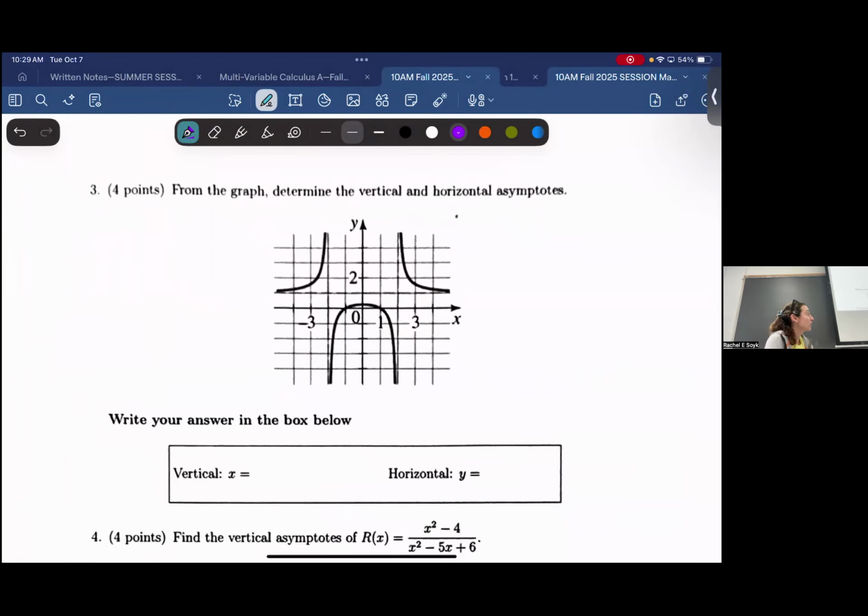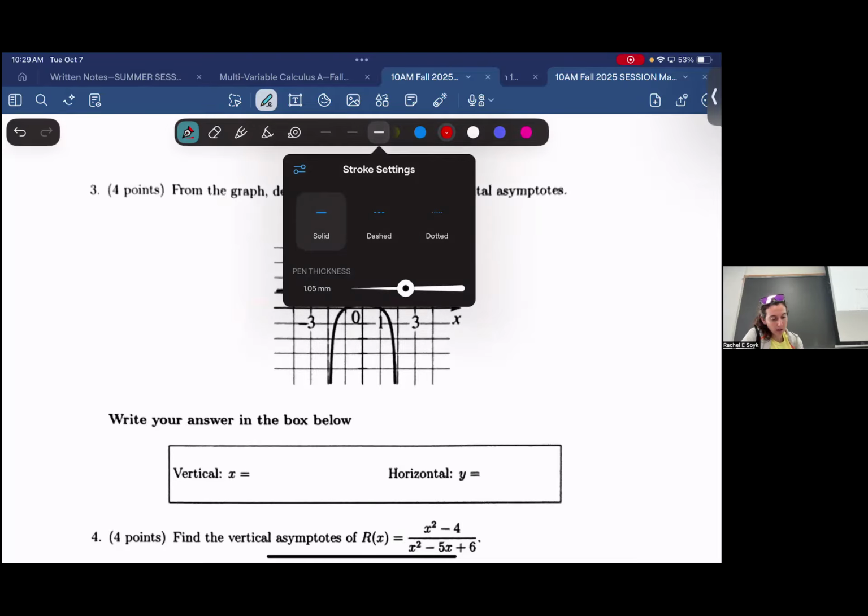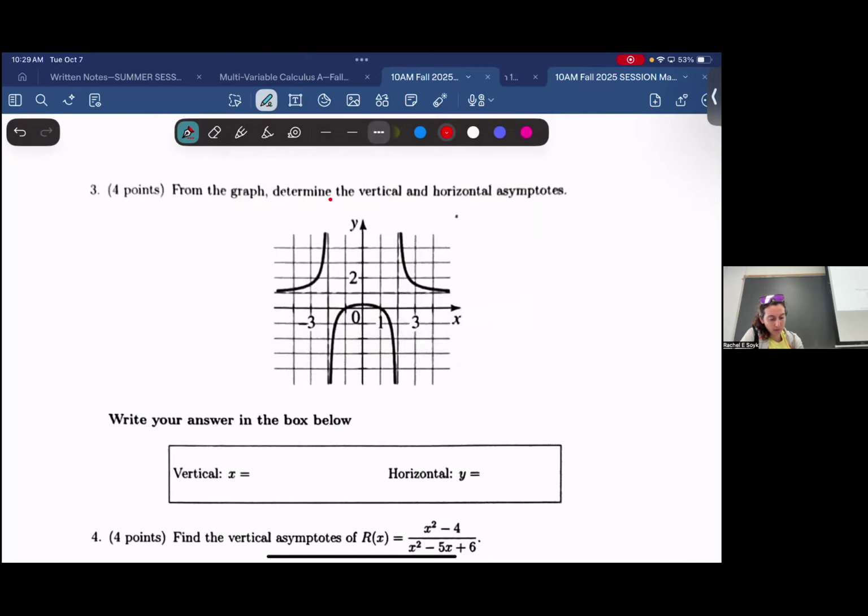All right, question 3. We're asked to determine our horizontal and our vertical asymptotes from a visual standpoint. So we're given a graph here. And maybe what I'll do is I'll really pronounce our asymptotes.